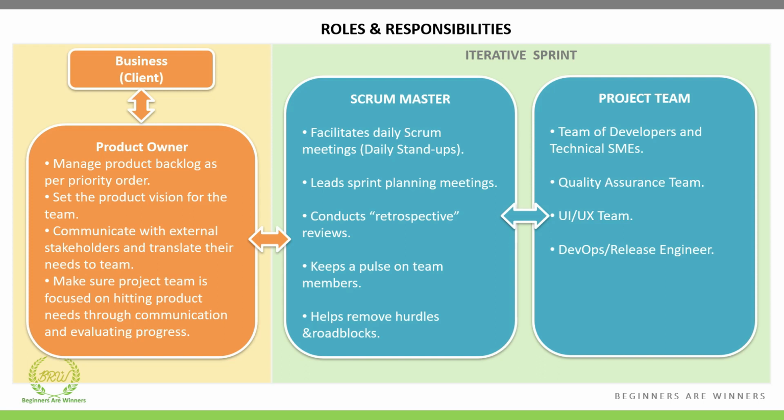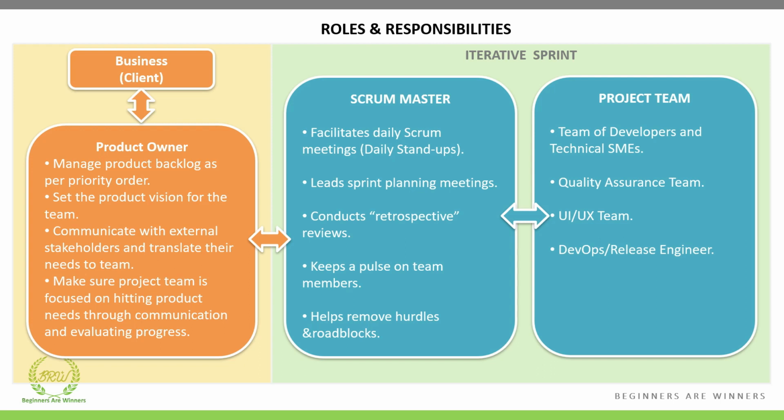Then we have the Scrum Master, who facilitates the daily stand-up meetings, leads sprint planning meetings, and conducts sprint review meetings, and helps remove hurdles and roadblocks for the team. Also, a very important role of a Scrum Master is to keep a pulse on team members, to know how they are doing and if they need any help.